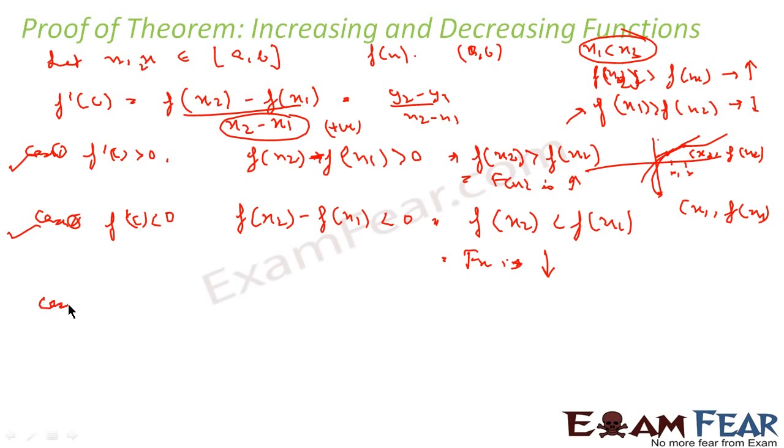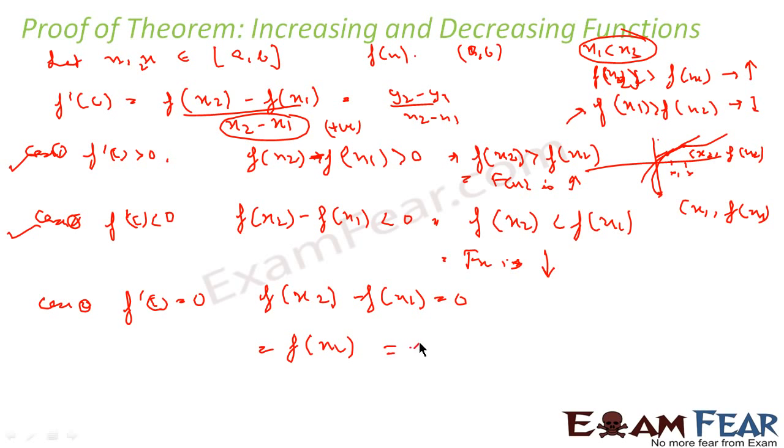Case 3. Mine was f dash c is equal to 0. If that is the case, since the denominator is always positive, in that case f of x2 minus f of x1 has to be equal to 0. In that case, f of x2 is equal to f of x1.